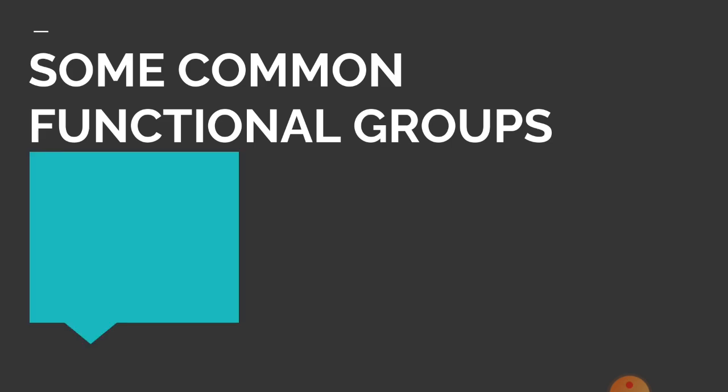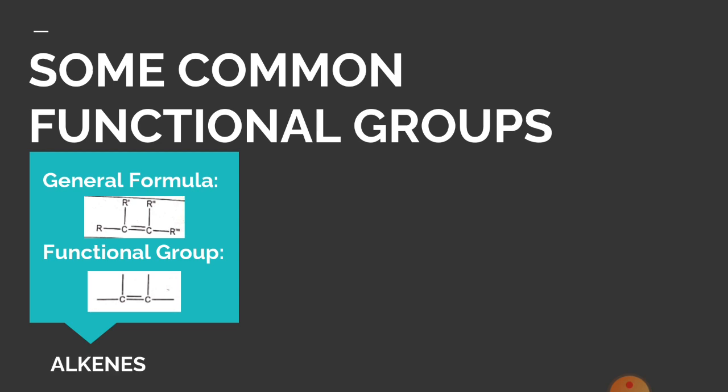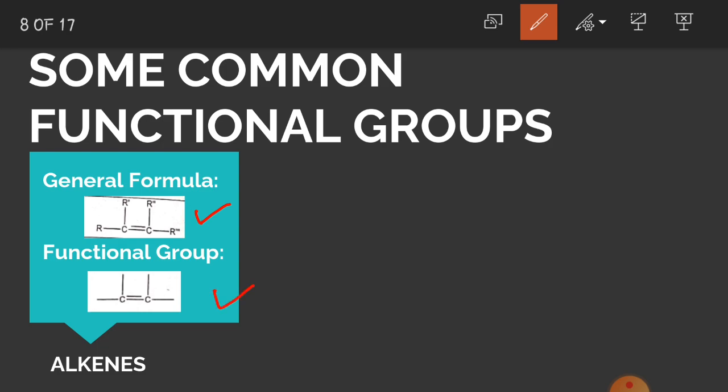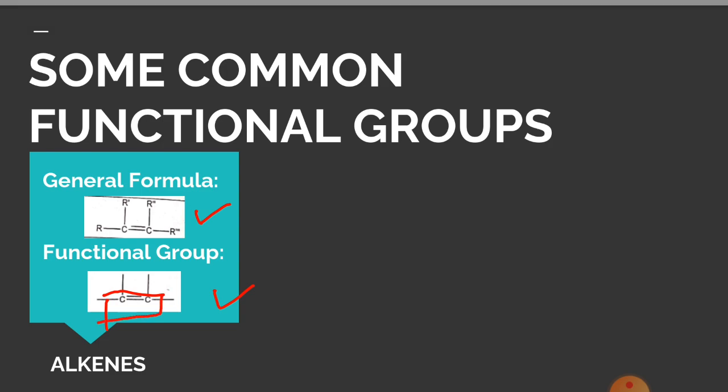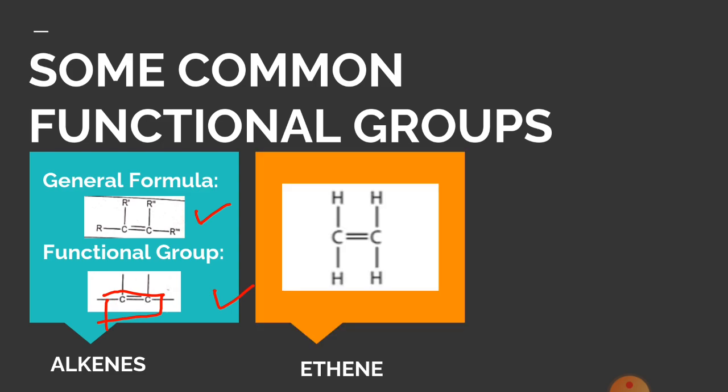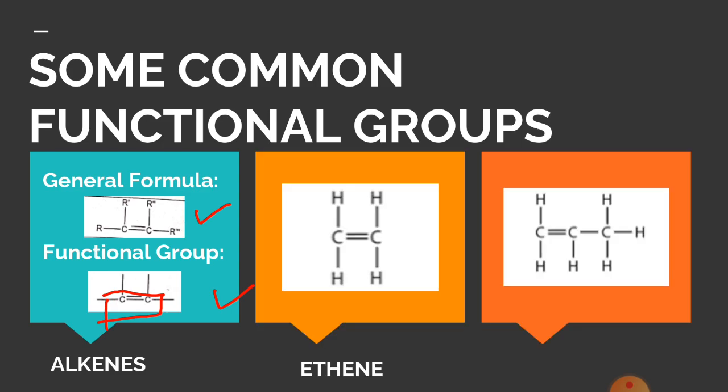Another class of organic compounds is the alkene. For alkene, the general formula is written like this. And the functional group in the alkene is basically the carbon double bond carbon. Examples of alkene include ethene and propene.